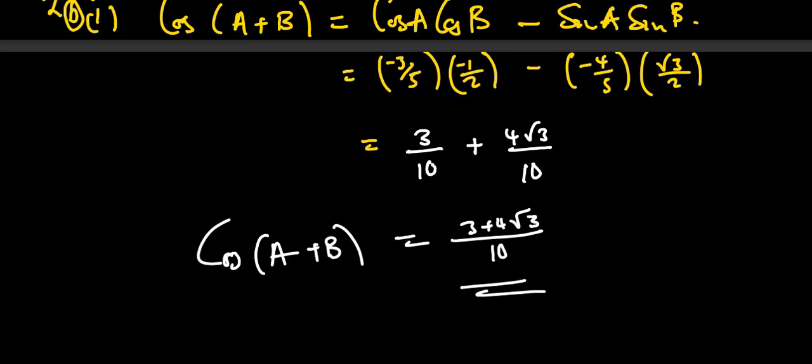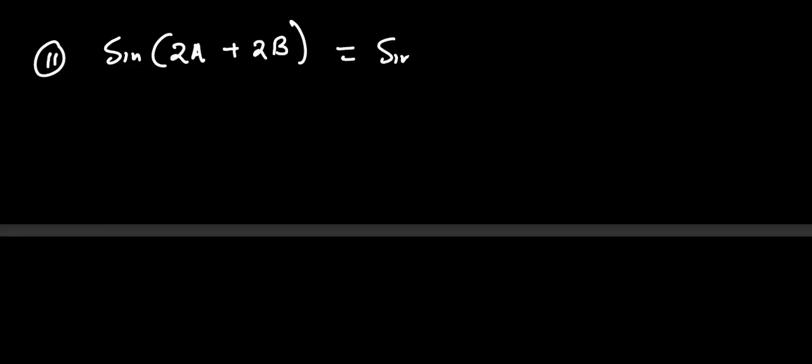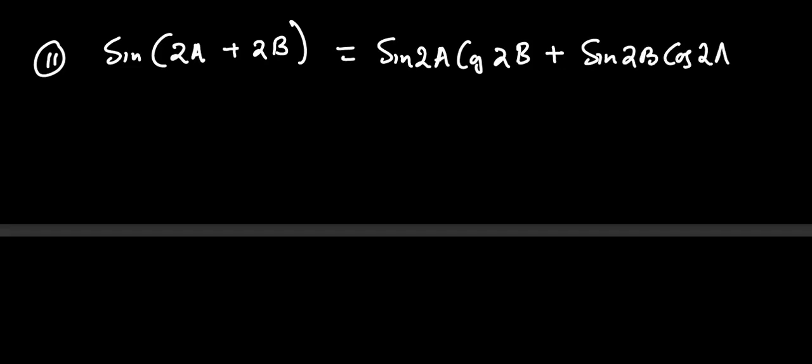Then the next one, they're simply asking us to get sin 2A plus 2B. So this is the same as sin 2A cos 2B, then plus sin 2B cos 2A.